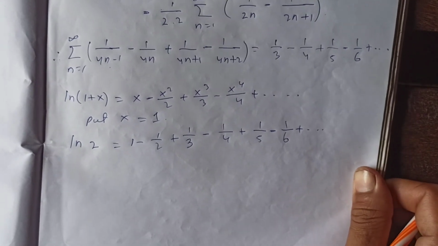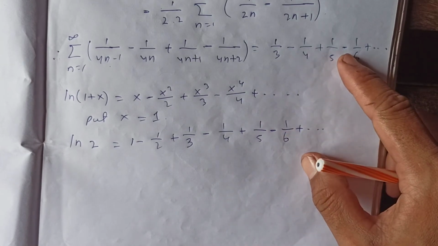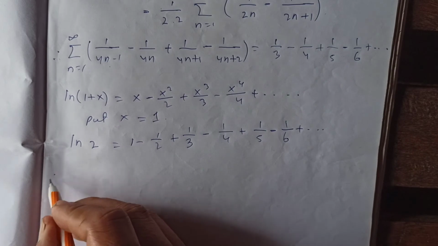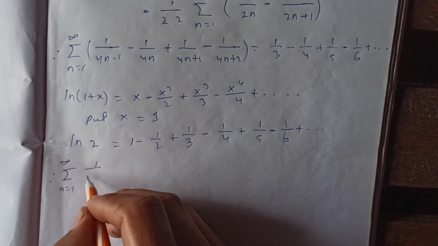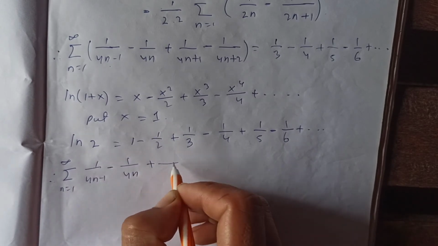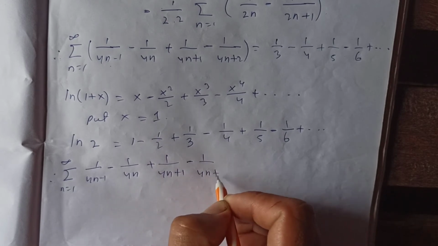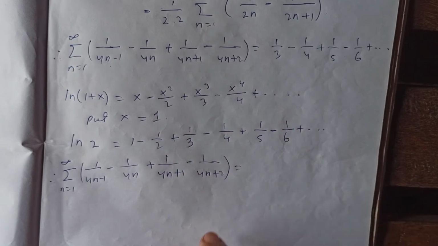So our sum is going to be what? If you compare these two, it is the same, right? So therefore the sum from n equal to 1 to infinity of 1 over 4n minus 1 minus 1 over 4n plus 1 over 4n plus 1 minus 1 over 4n plus 2 is going to be this one.